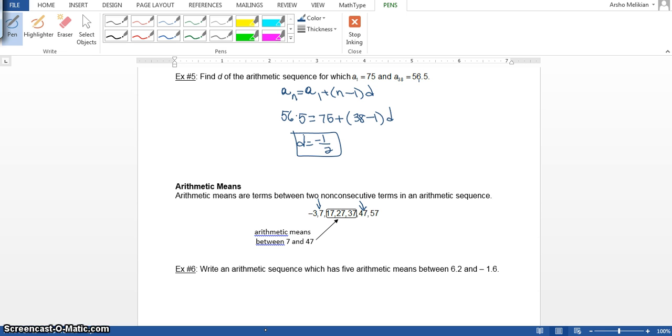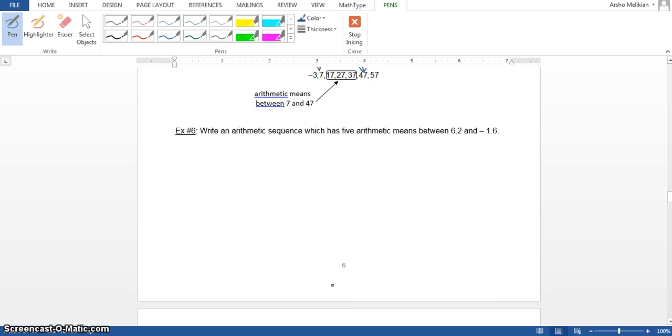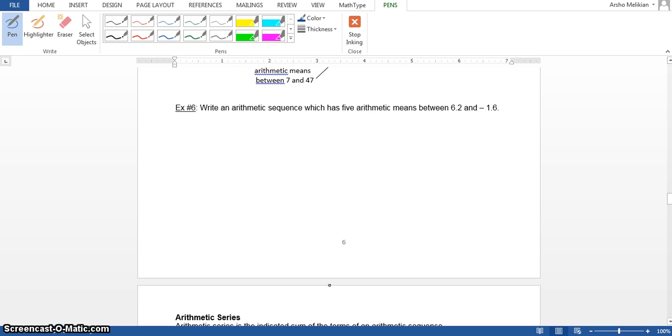All right? What we have to do in this case is write an arithmetic sequence in which we can insert 5 arithmetic means. Okay? So basically we have the bookends here. We have the first and the last term. We want to find the terms in the middle.